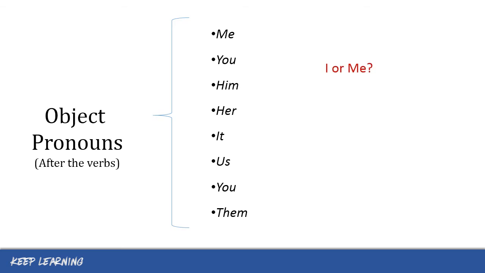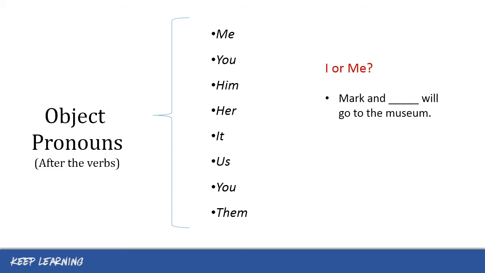So according to what I say here, what should you do? I or me? What should you say? Mark and I will go to the museum, or Mark and me will go to the museum? Well, it's easy. You have to look for the verb, which is go, and before the verb you use personal pronouns.